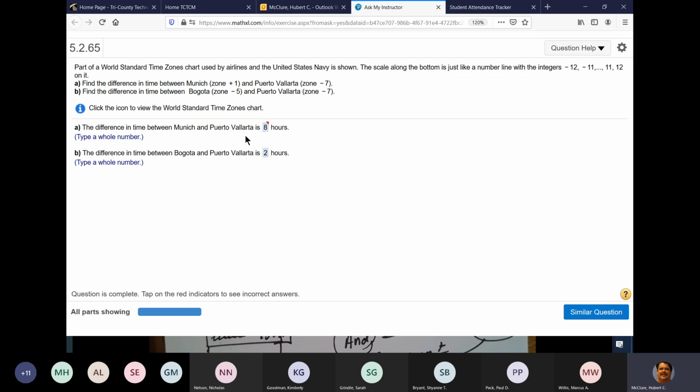So just use that as an example. Distance and time cannot be negative unless somebody puts a direction in the answer, and that would be like behind or in front of. So, Mr. Pack, if you sent that question, don't feel ashamed because it can be a little bit tricky. All right, that's 5.2.